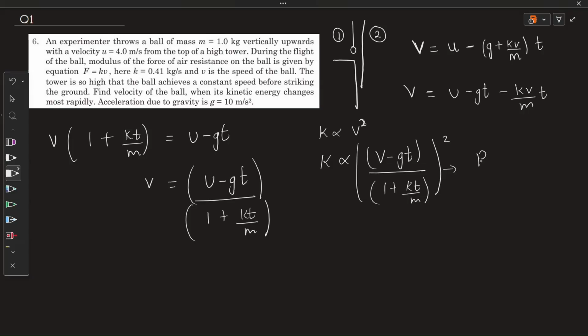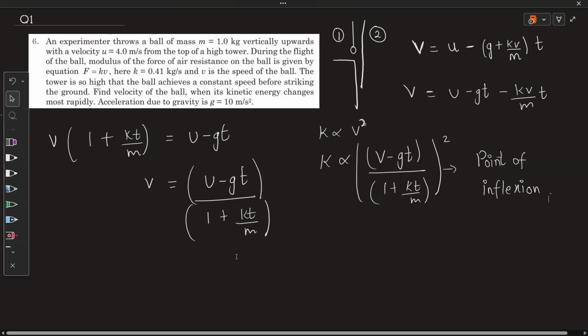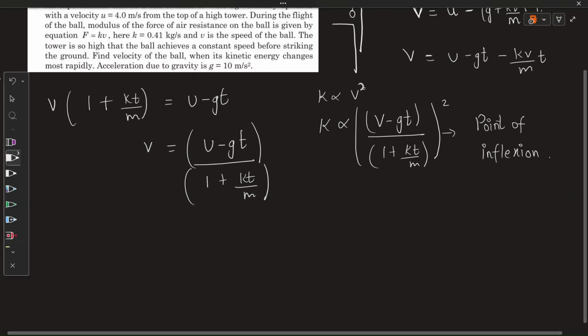That would be the point of inflection, which should be found. But finding the point of inflection for this function would be a very lengthy process, so I would suggest another method.